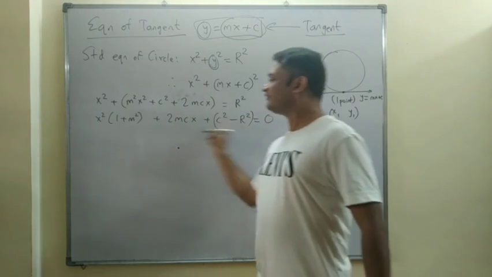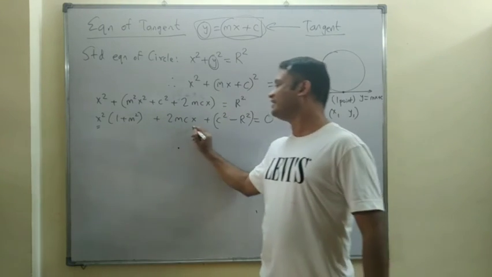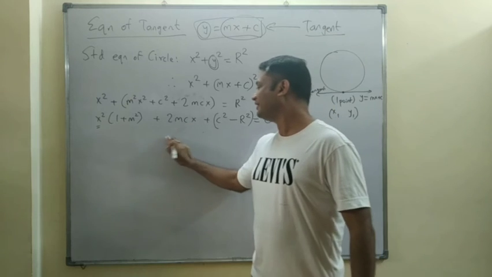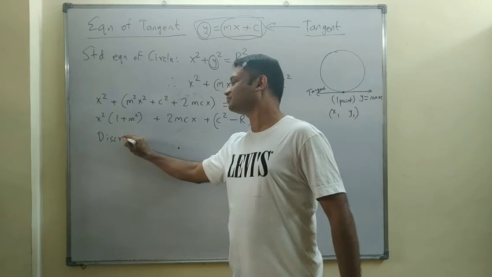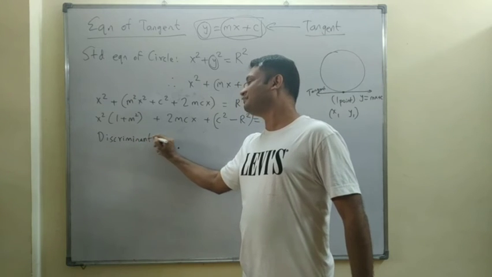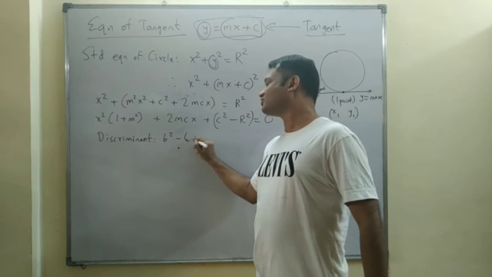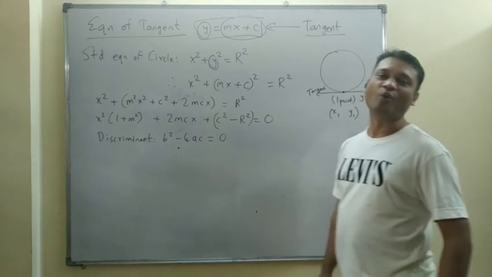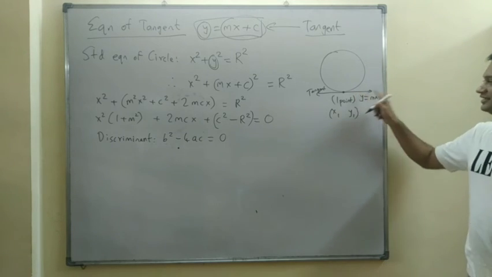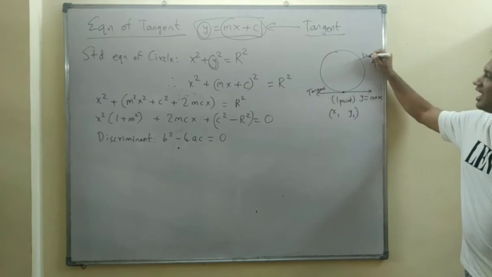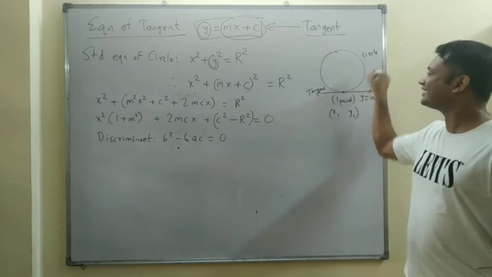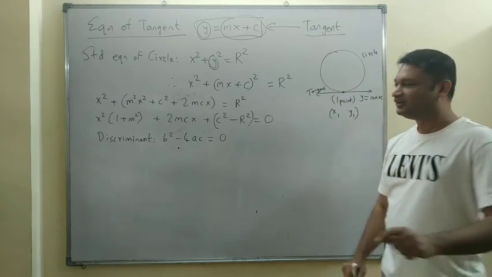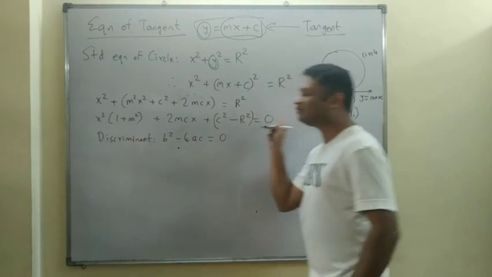Now this is an equation which is quadratic in x. So its discriminant, which is nothing but b square minus 4ac, will be 0. Why? Because the tangent cuts the circle at only one point, so we will have only one value of x.